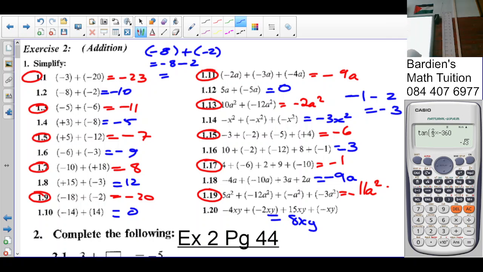So, sir, for the one you did up there that says negative 8 plus... Yes, sir. You see, this is a positive sign there. Positive times negative is negative. Can you see that? So you go, 8 plus 2 is 10, and negative. You understand? Okay, anybody else that's confused? Has a question?